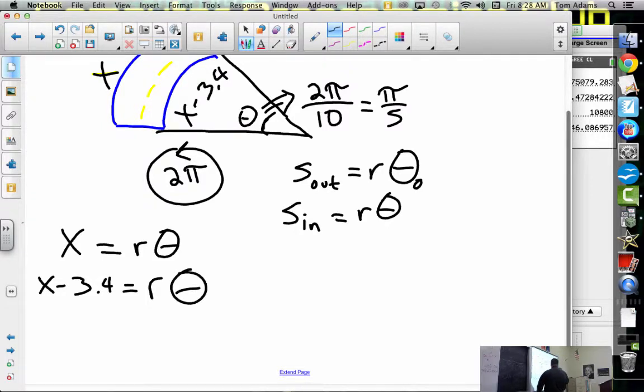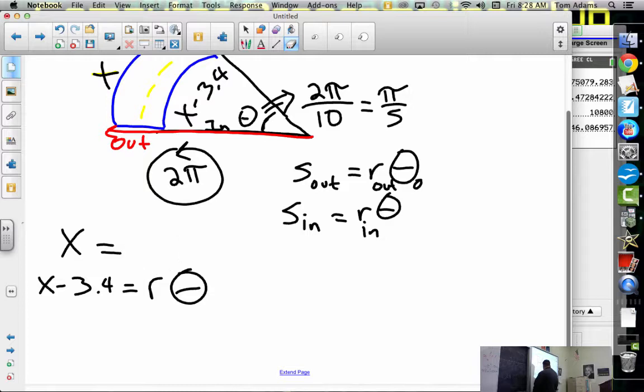Now the only thing that's different is the radius length. So the radius here is out and this is in. So you can see here that the radius on the inside is shorter than the radius on the outside. Does that make sense?